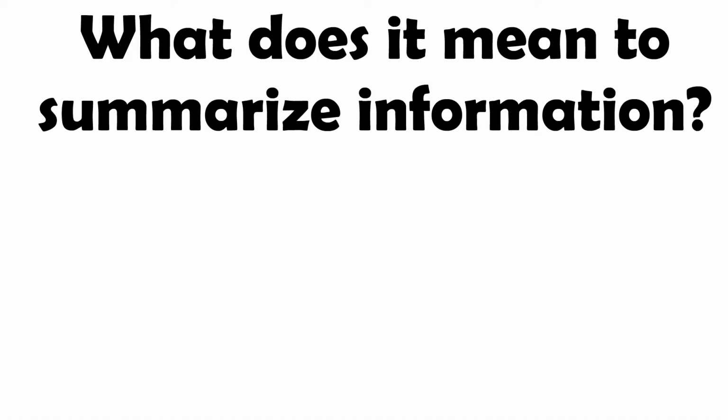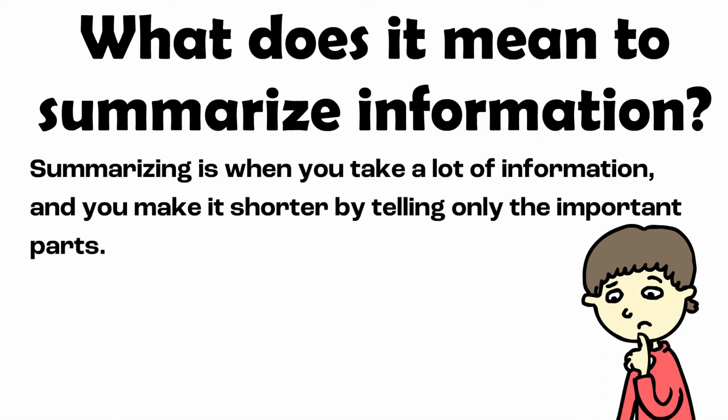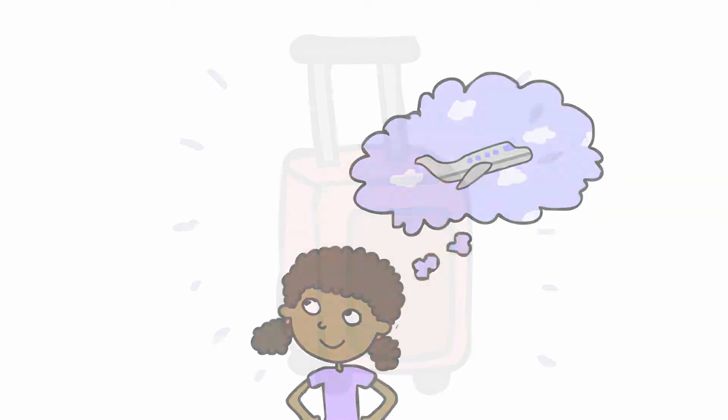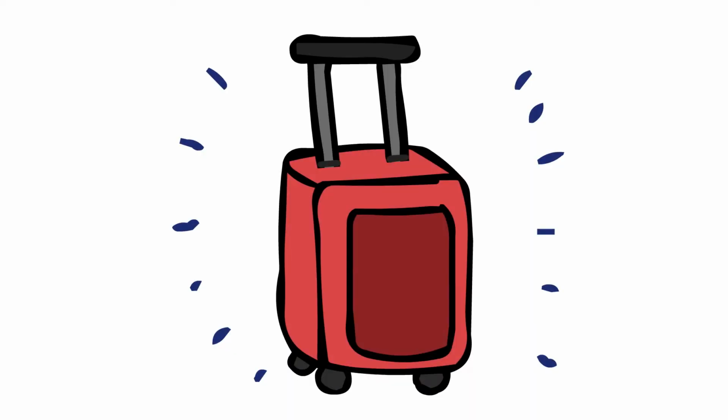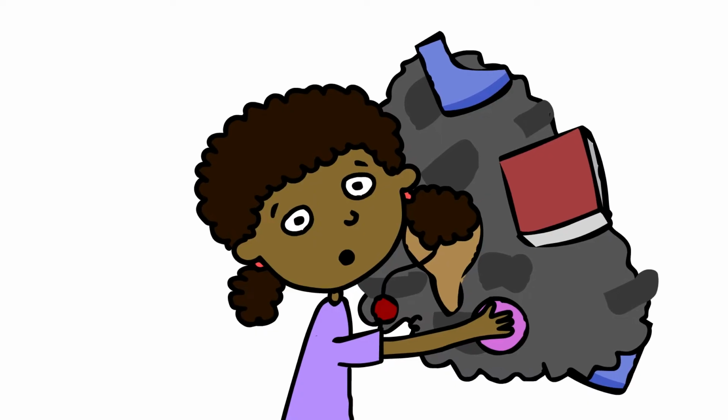So, what does it mean to summarize information? Summarizing is when you take a lot of information and you make it shorter by telling only the important parts. Imagine that you're packing for a trip and you only have a small suitcase. You wouldn't take every toy, every piece of clothing, or all your books.